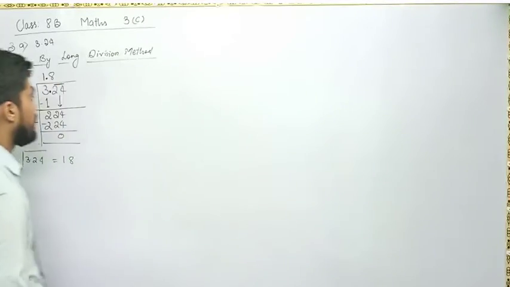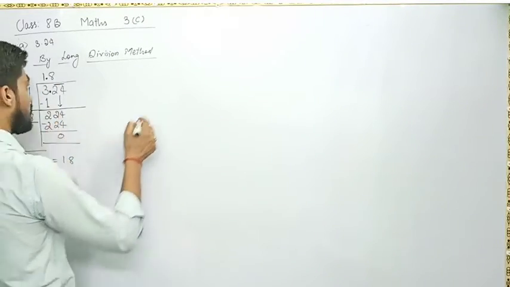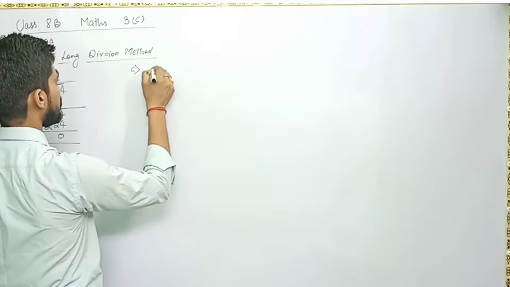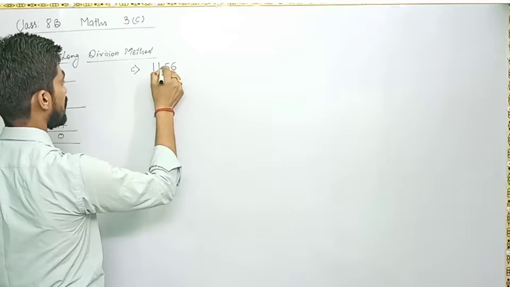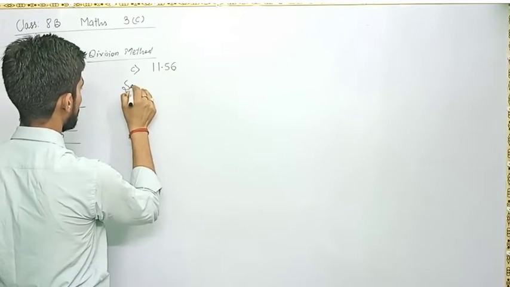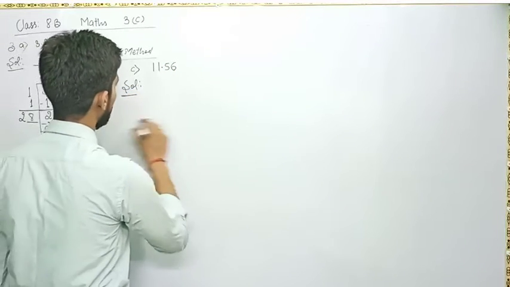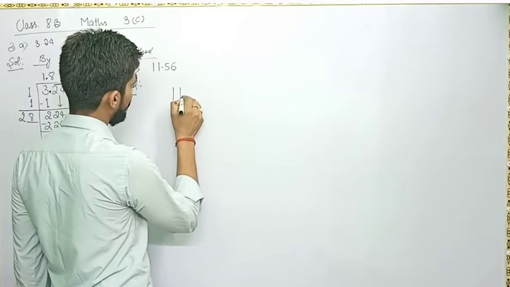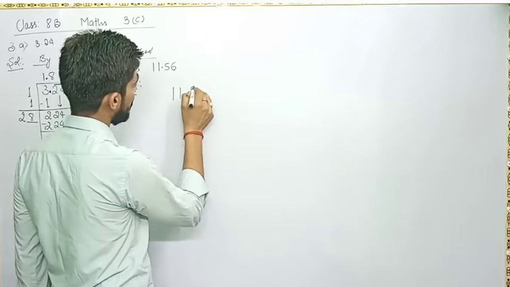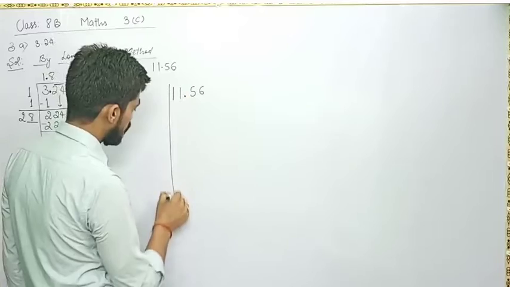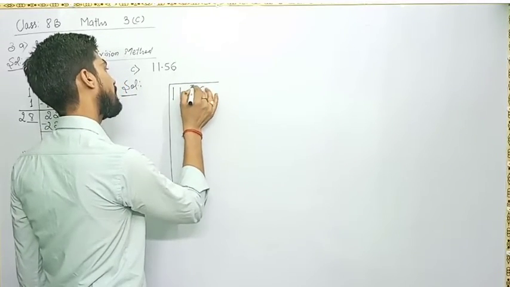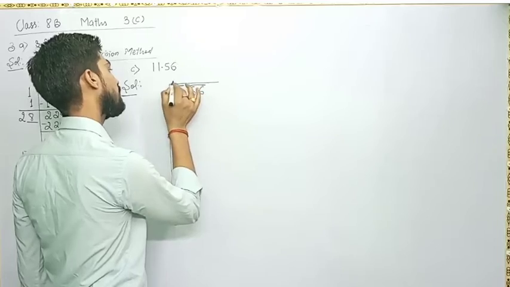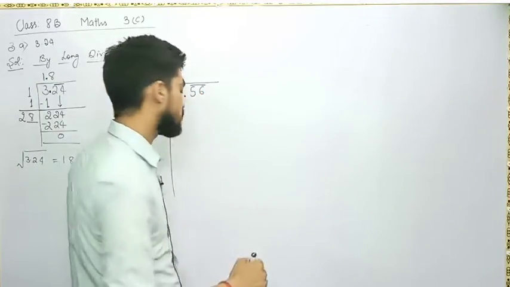In the same manner you try to find. How will you write? See here. You will write 11.56. Draw a straight line vertically and one horizontally. Now make pairs. So one pair of 56, one pair of 11, 2 pairs you got.